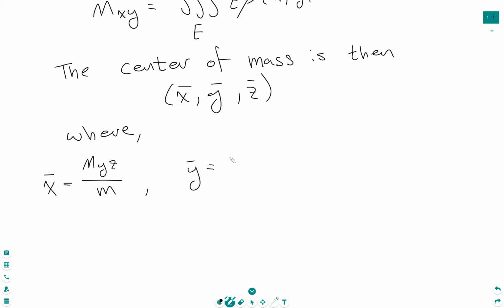Y bar is the moment across the XZ plane divided by mass. And then z bar is the moment across the XY plane divided by the total mass.